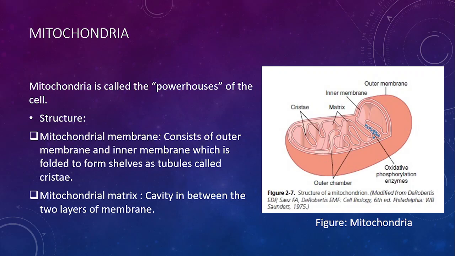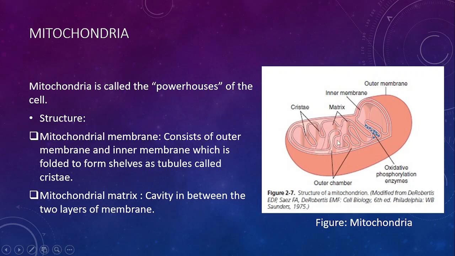Mitochondria, as a membranous structure, contain a mitochondrial membrane, and this membrane has a speciality: the inner part of the membrane is folded inward to form a shelf-like structure which we call cristae.